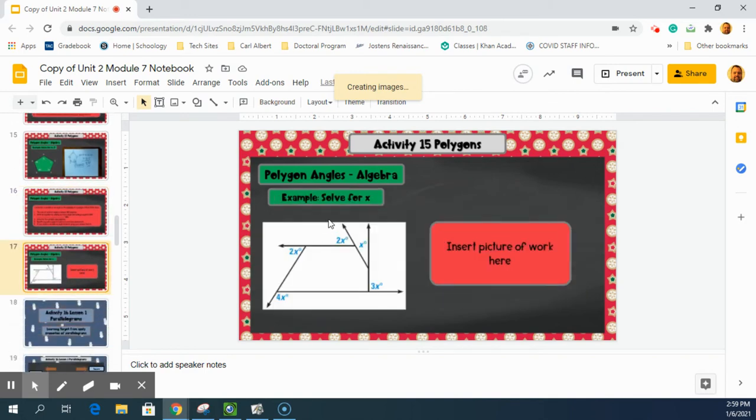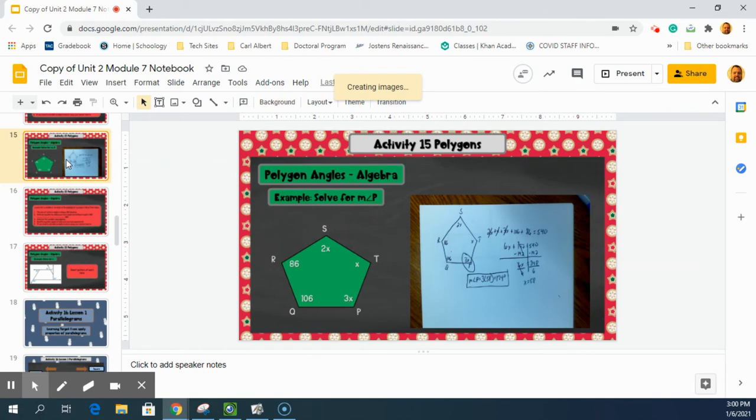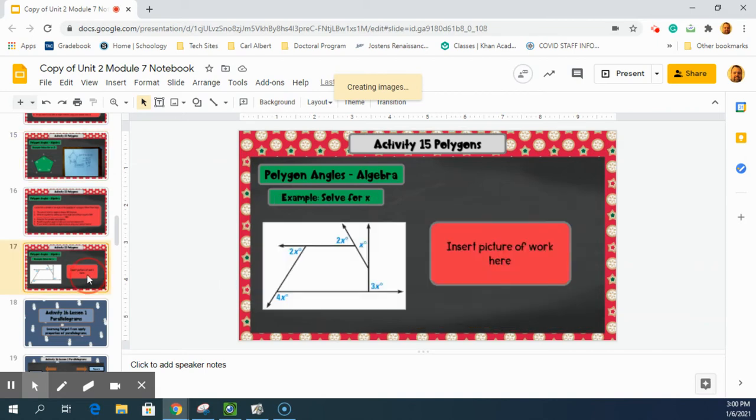So we're going to look at this polygon, and it says solve for x. We need to keep that in mind. We're only solving for x. So we have a pentagon. This is the same polygon as the one that we did. Because it was interior, we set this first one up to 540. Okay, now I'm going to switch over to the paper.